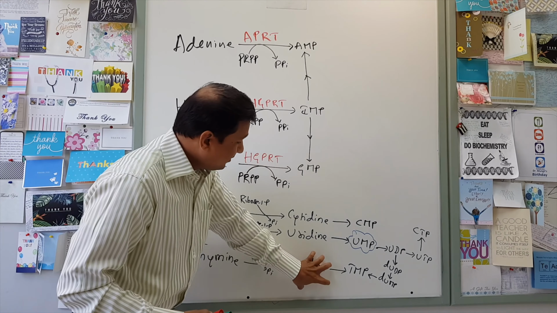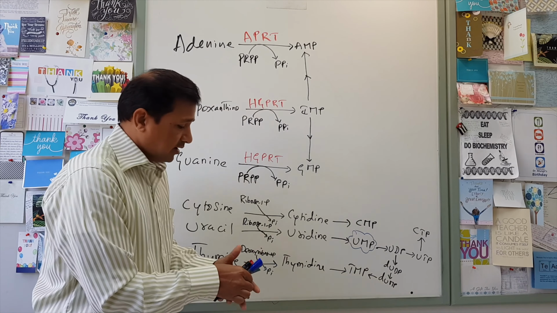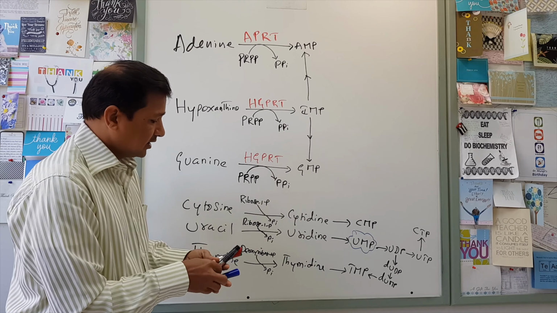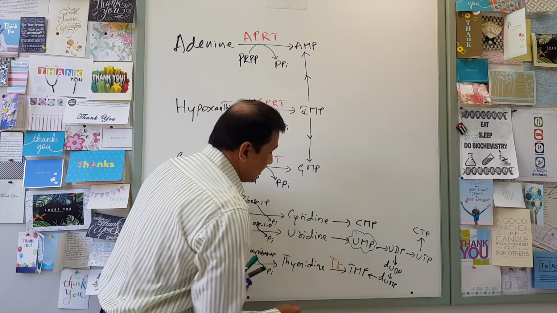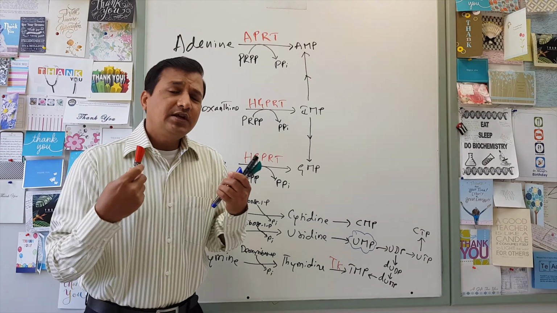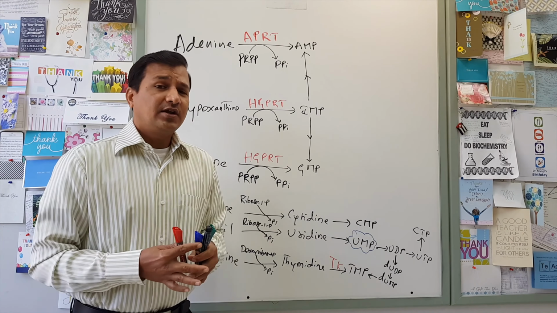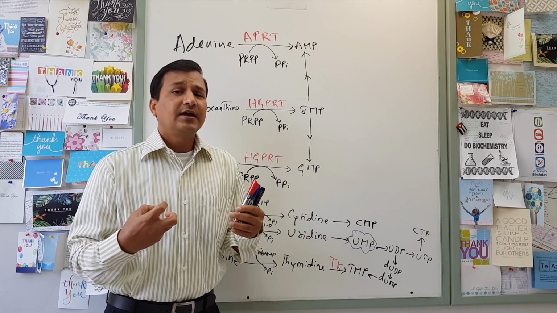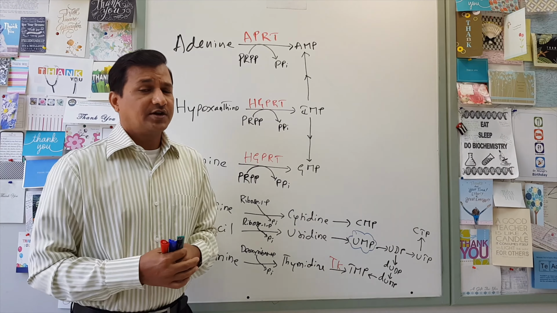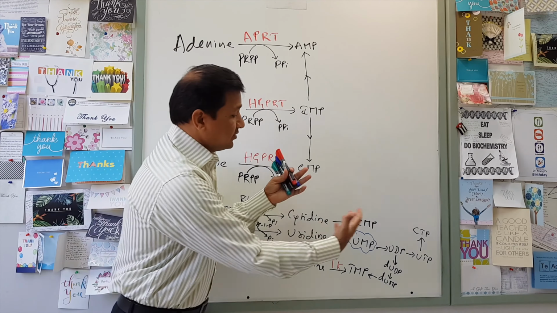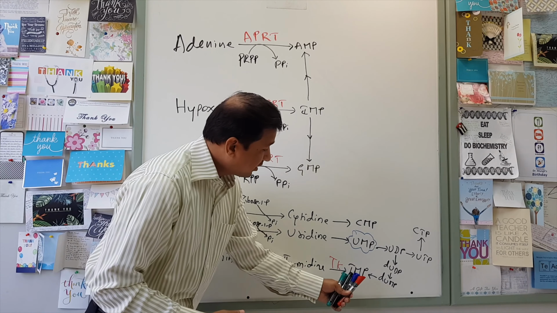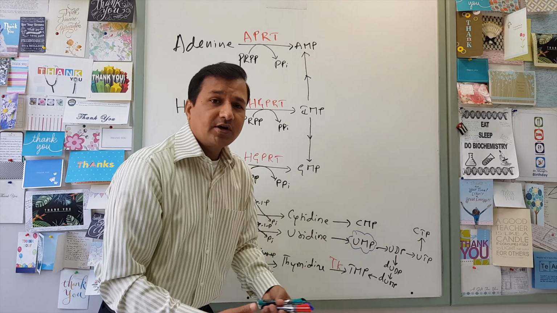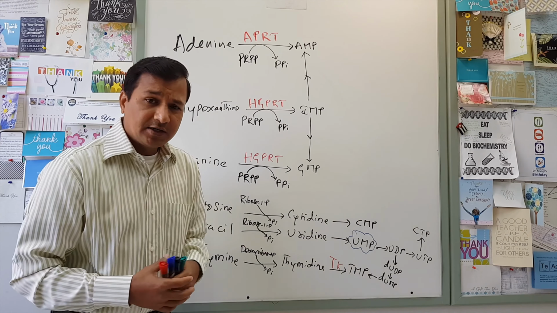Anyway, now thymidine is converted to thymidine monophosphate. This job is done by the thymidine kinase enzyme. I'll write it as TK here, thymidine kinase. Increased activity of thymidine kinase is an indicator of high levels of cell proliferation, because this is the one going into DNA synthesis. It takes thymidine into thymidine monophosphate, which will be converted to thymidine diphosphate and thymidine triphosphate.